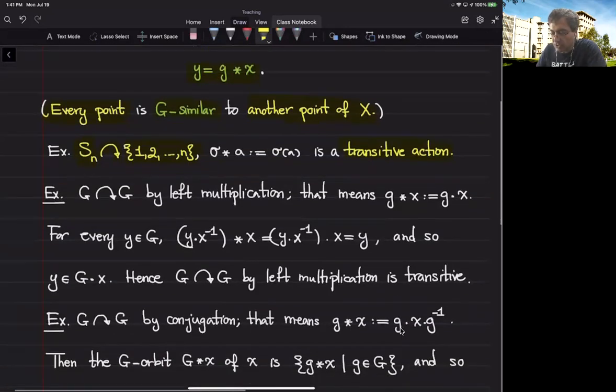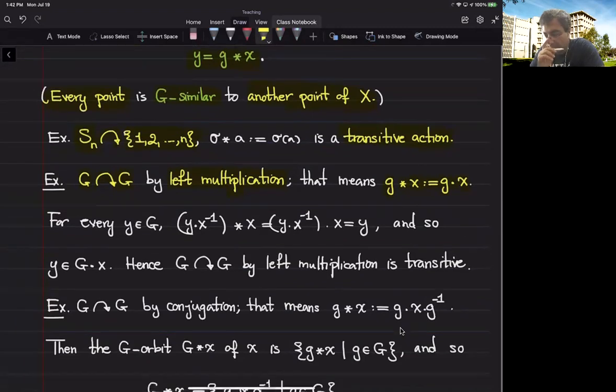When I look at the action of G on itself by left multiplication, let's recall that when g acts on the point x, I simply multiply g by x. Let's try to understand the orbits of this. My claim is that this action is again transitive. I give you two points, x and y, and I want to act on x and reach y. Acting means I multiply x by something and end up getting y. That something can be simply y x inverse.